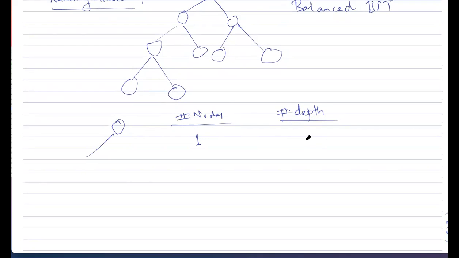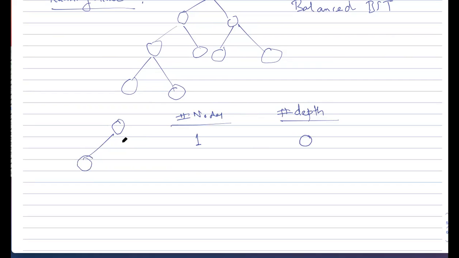It is the path to the deepest descendant, right? And you're trying to find the number of edges. Remember, that's how we define it. So depth is 0 here, right? Here you have one node. Correct?